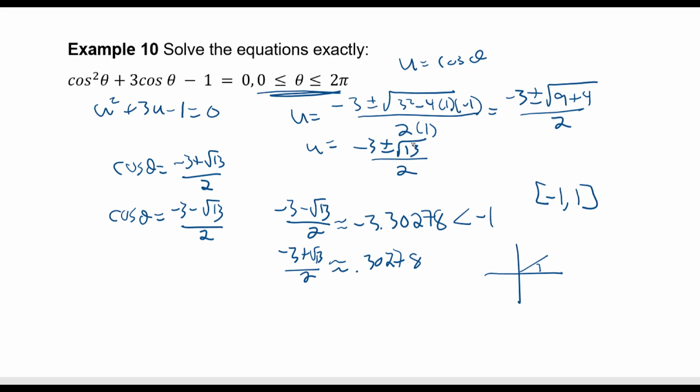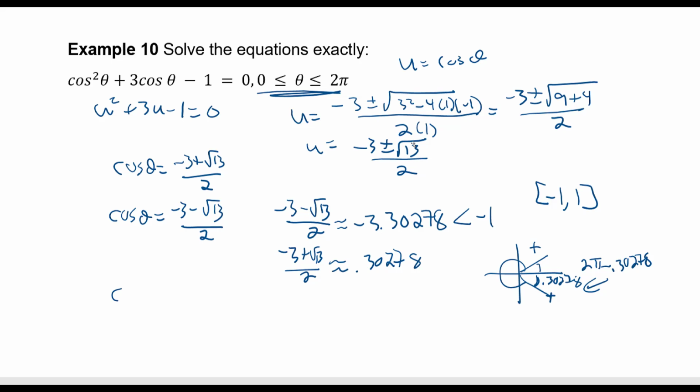But it means cosine's positive in the first and fourth quadrants. So we're also going to look for it to be the reference angle down below. So this is our 0.30278. So really that second angle is going to be 2 pi minus the 0.30278. That's what that one's going to be to get this other angle.